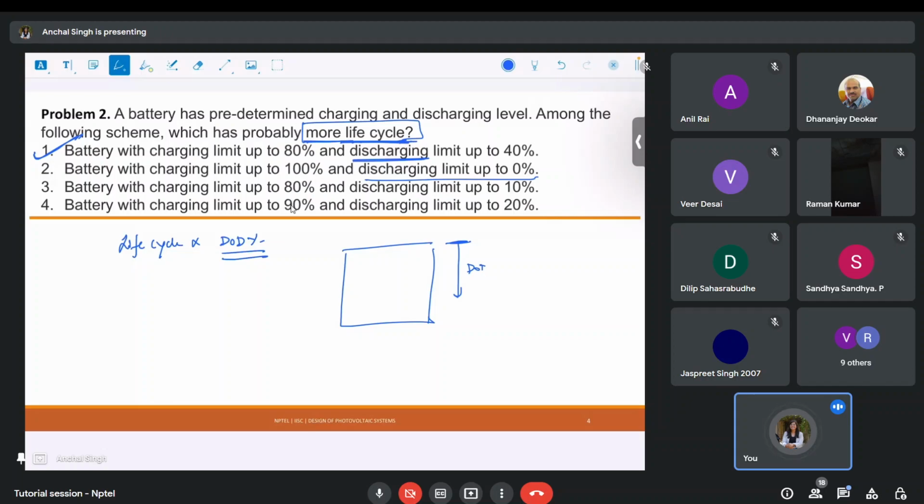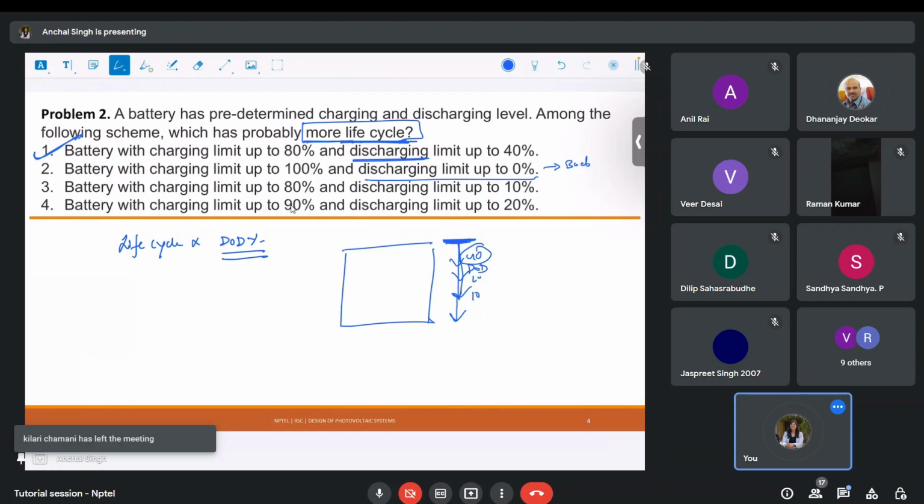So 0% means we are fully discharging the battery. That is obviously bad, right? If I am discharging my battery to 10%, then 20%, then 40%. I think this is where you are confused. So we calculate from this 100%, right? That is why it's written as directly proportional here.